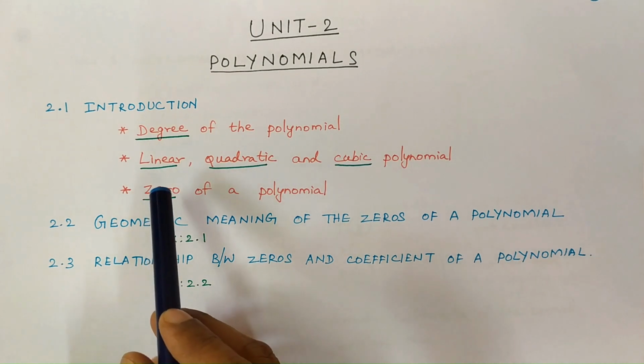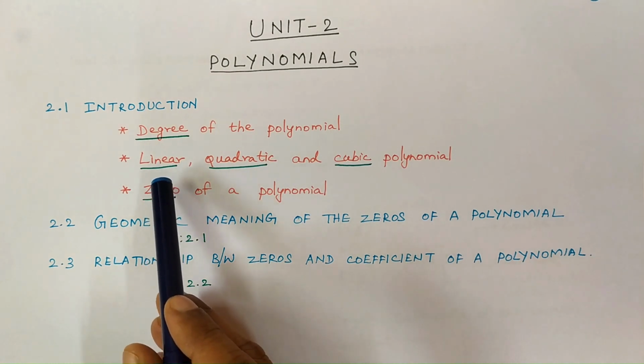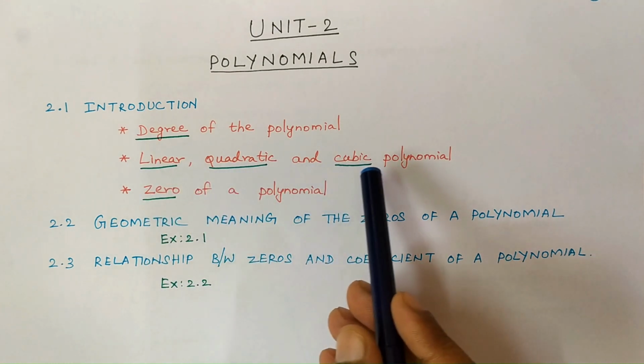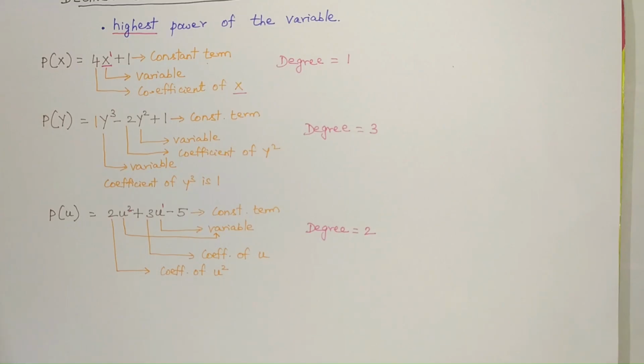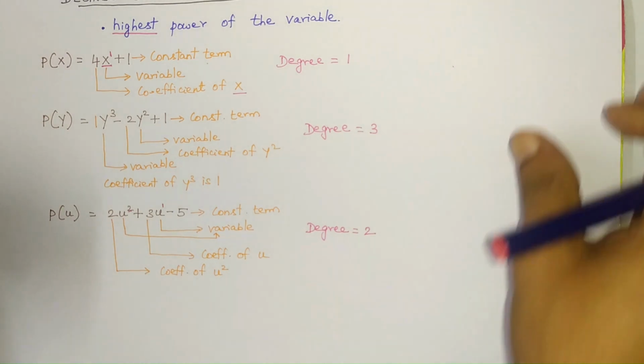Okay, let us now discuss what is meant by a linear, quadratic and cubic polynomial. Now we have got different degrees. According to these degrees, the polynomials are classified.